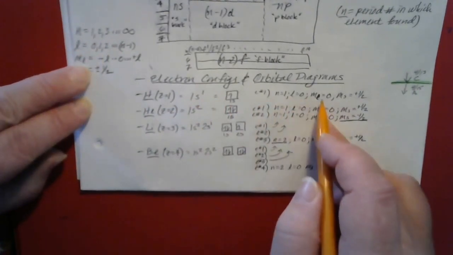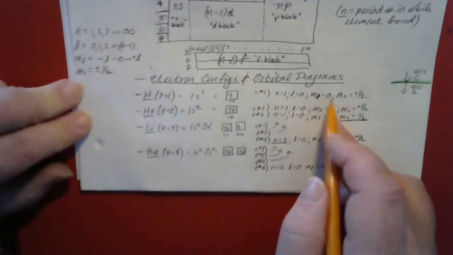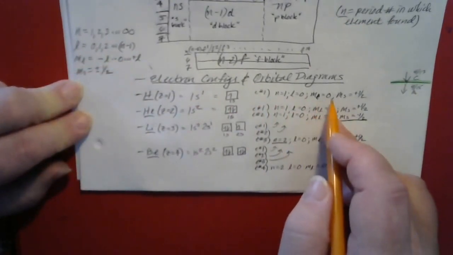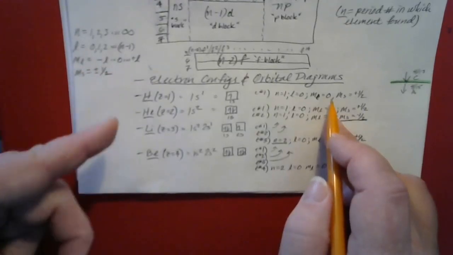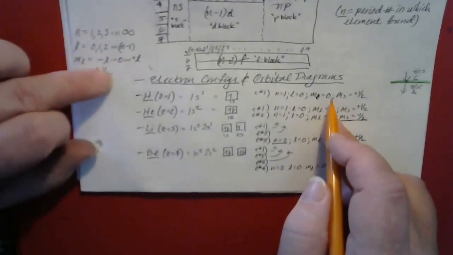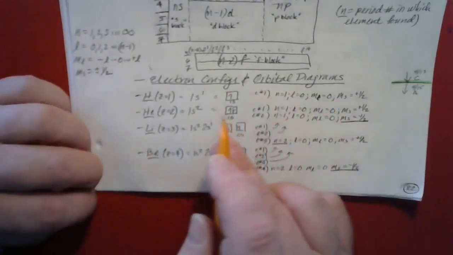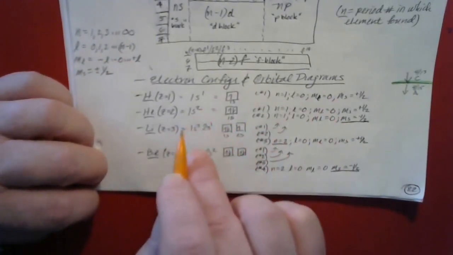According to the rules for M sub L, if L is 0, then 0 is the only thing M sub L can be. In other words, there is only one S orbital for each shell, because remember, the values possible for M sub L will tell you which particular orbital of a given type the electron is in.